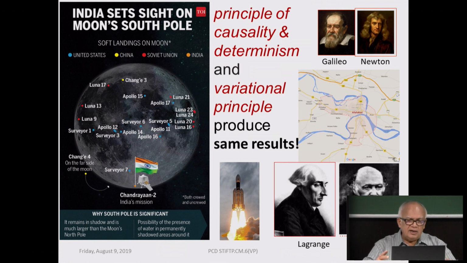And we are accustomed to accounting for this mechanics in terms of the Newtonian mechanics, which is the Galileo-Newton approach. So the law of inertia, which is common to the principle of variation also. But then subsequently, in the Newtonian approach, you invoke the principle of causality and determinism, that equilibrium is disturbed.